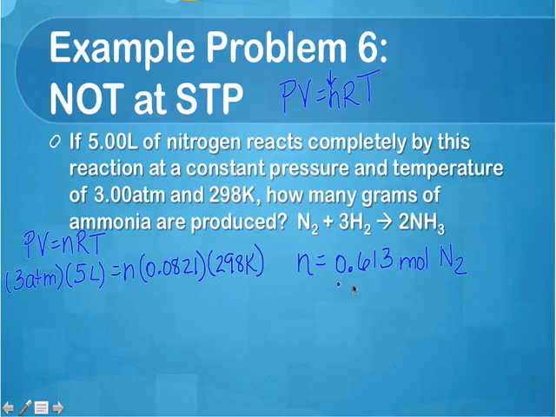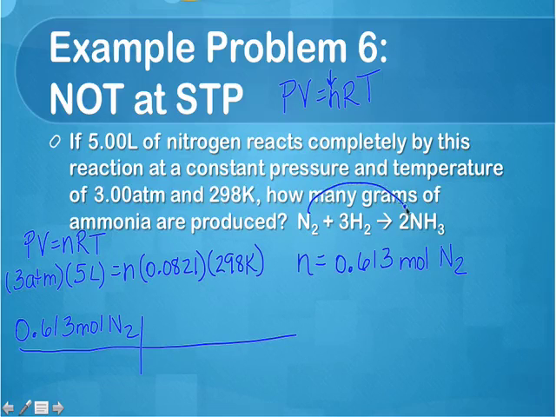This then becomes my starting point for my stoichiometry, my dimensional analysis work. So 0.613 moles of N2. And then I'm going to use the balanced reaction to go from N2 to ammonia, because that's what they're asking me to find: grams of ammonia. For every 1 mole of nitrogen that goes in, 2 moles of ammonia come out.